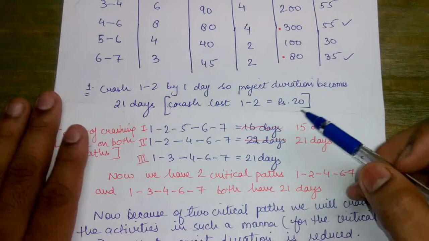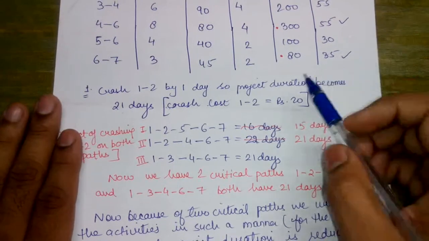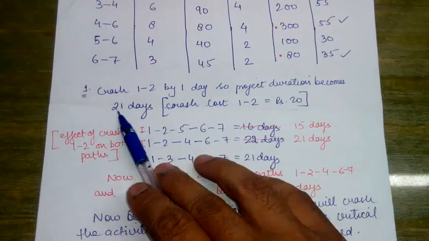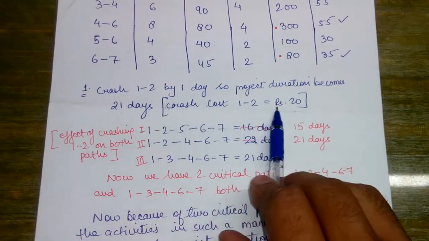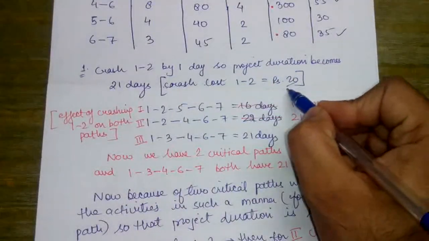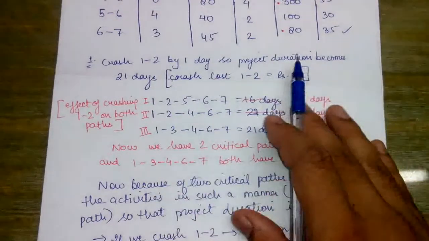So this table will be calculated as follows. Now we will decrease 1 day in the activity from 1 to 2 and we will obtain 21 days. So the crashing cost for 1 to 2 is 20 rupees, which has already been given. Now what will be the effect of crashing?